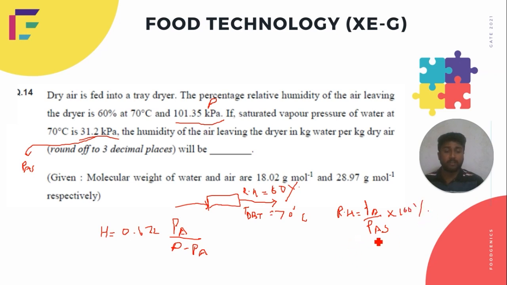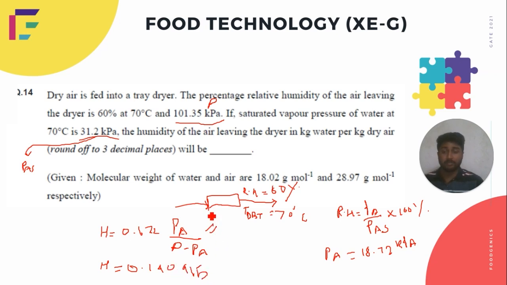So if we put the value of PAS out here and we know the RH, then Pa will be equal to 18.72 kilopascal. Now if we directly put the value of Pa in this equation, the value of humidity that we are going to get is equal to 0.140915.